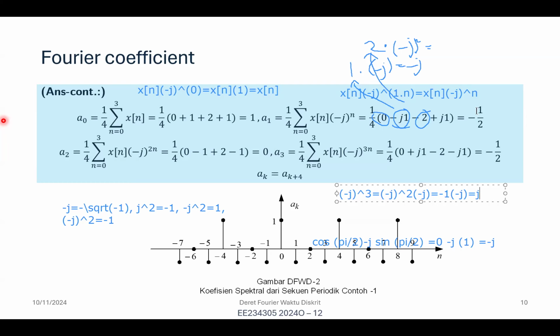Sorry, minus half. A2 is 0 and A3 is minus half, and so on. So now we can get the frequency part, the magnitude plot and phase plot of the Fourier series here.